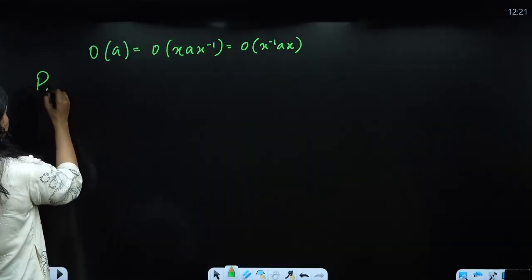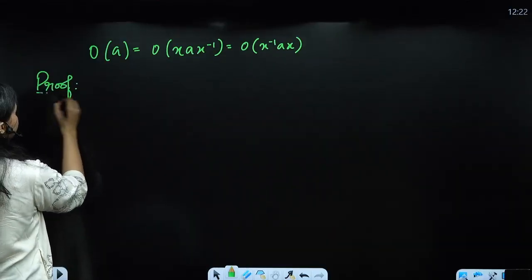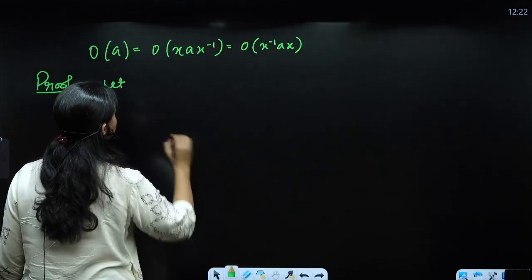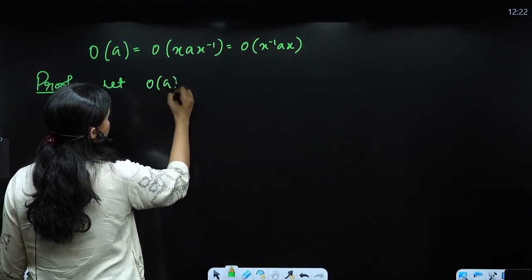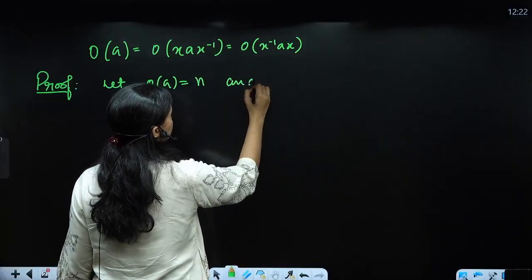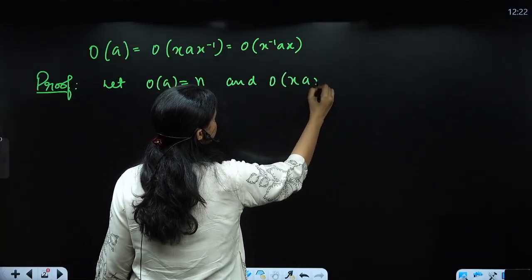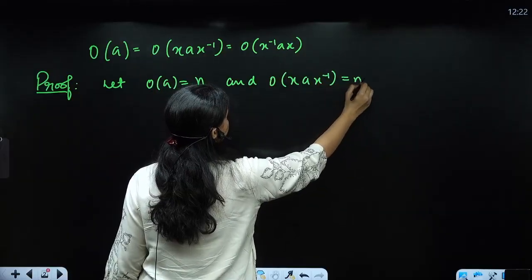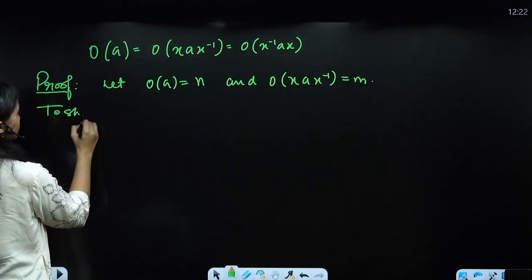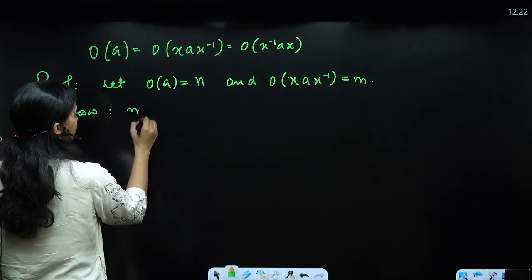So to prove this, let order of A equal n and order of xAx inverse be m, right? So we want to show that m equals n.